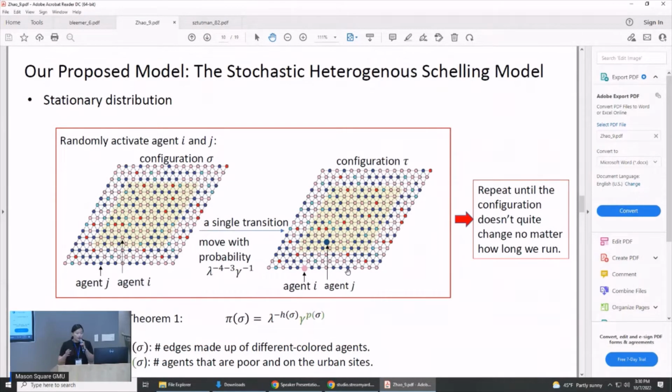And we repeat this process long enough until the configuration does not change much anymore. It is a Markov chain, and using tools from the theoretical computer science community, we are able to prove that this Markov chain is ergodic and has a stationary distribution. And using detailed balance, we're able to prove the stationary distribution, like theorem 1.